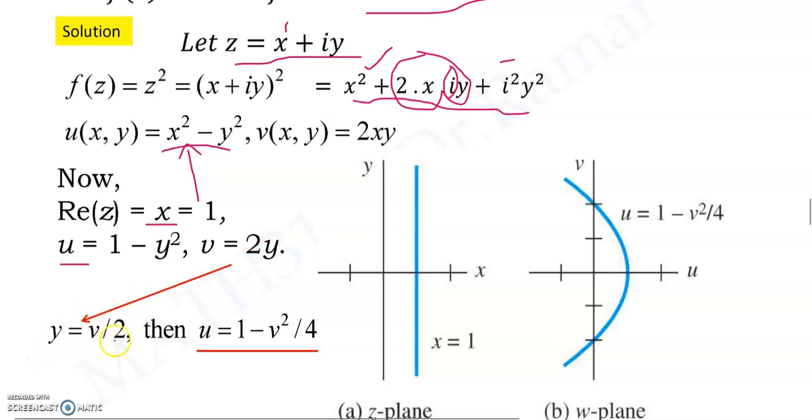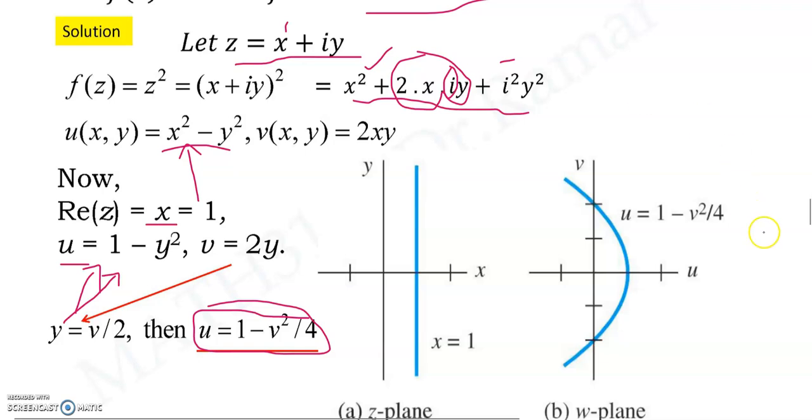Then you substitute y equal to v over 2 here, so that u is equal to 1 minus y squared, that is, 1 minus v squared by 4. Now this is the one we require.